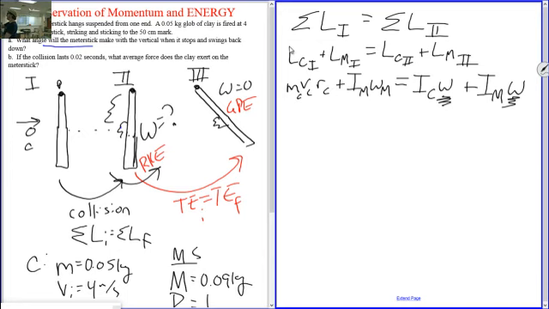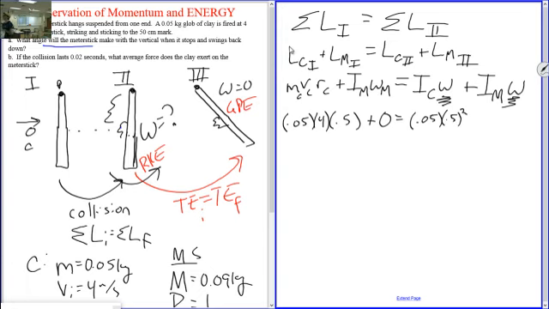Okay, so let's plug in our numbers. You got 0.05 for the mass times the velocity, which is 4, times the radius, which is 0.5, plus the starting momentum of the meter stick is 0. And then afterwards, rotational inertia of the clay, so that's mr squared. So 0.05 is my mass, radius is 0.5.